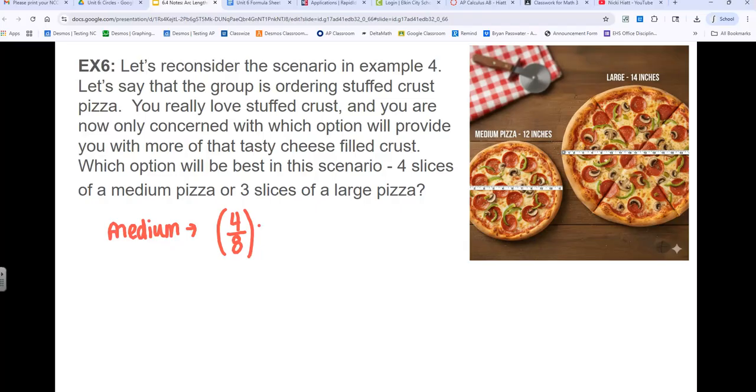And we will multiply that by, you can either use 2 pi times the radius, or in this case we already have the diameter, so I think I'll just do pi times the diameter, which is 12. So if I multiply that together, then I'm going to get 18.850 inches there.